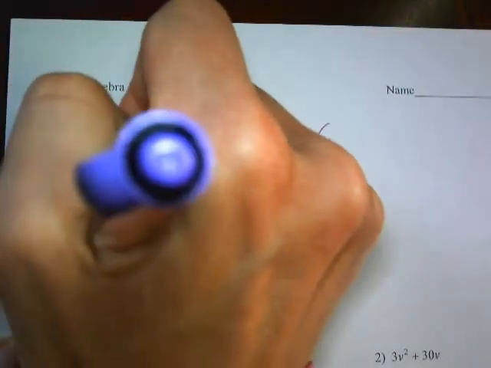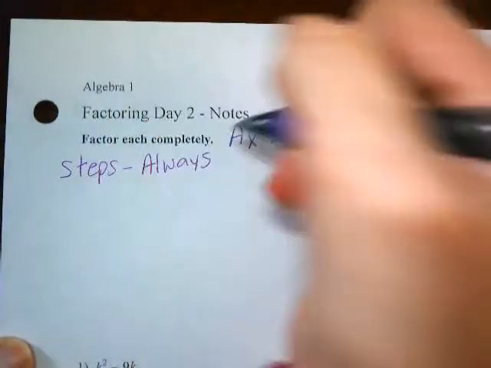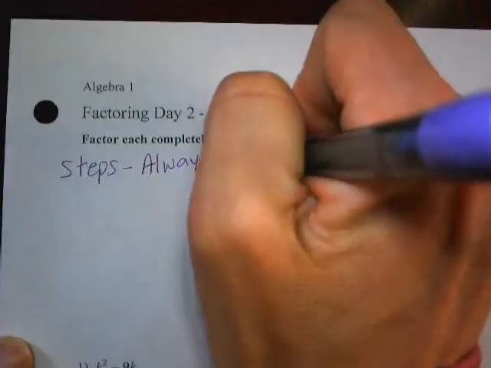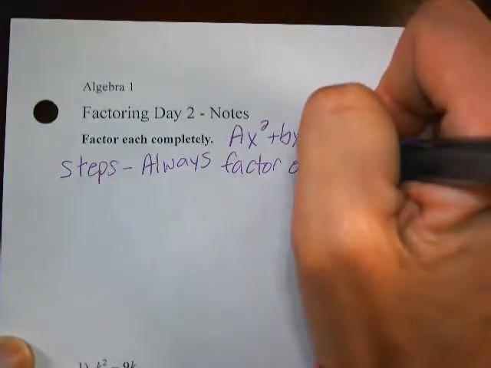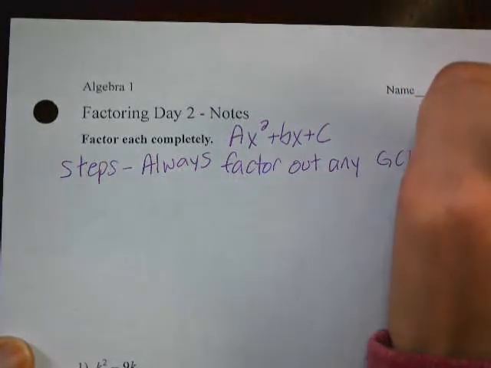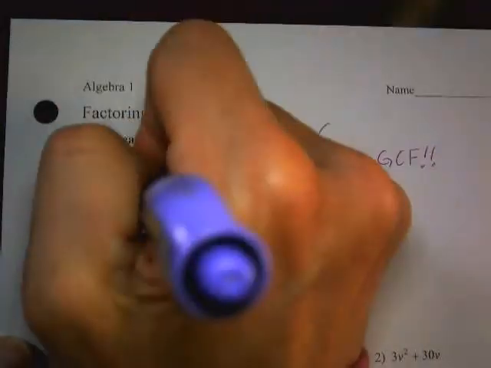I also told you, I think 2 lessons ago, that the first step is always to factor out any GCF, greatest common factor. You have to.